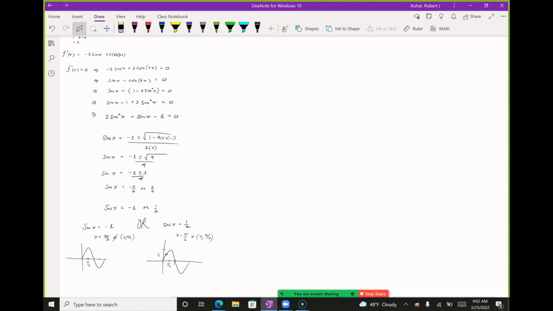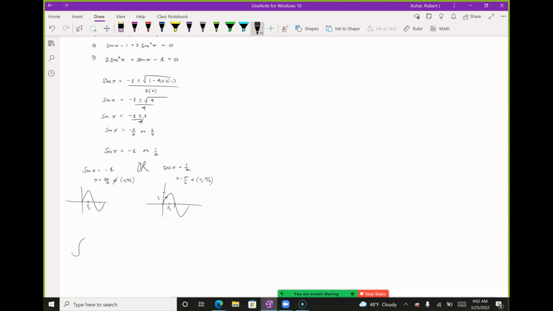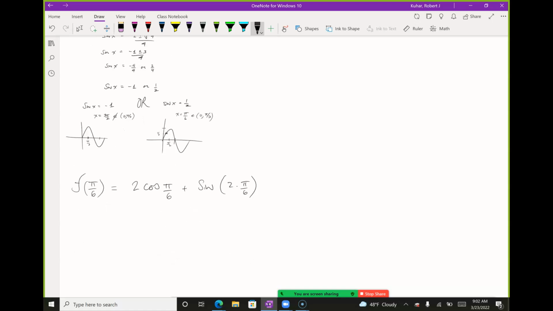All right, our next step is f of pi over 6, right? Once I found my critical value, I have to plug that critical value into the function. So what did I have? 2 times the cos of pi over 6 plus sine of 2 times pi over 6. So 2 times cos of pi over 6 is rad 3.